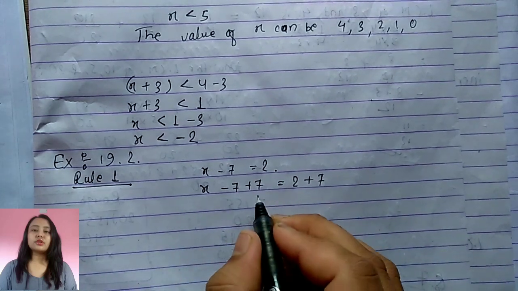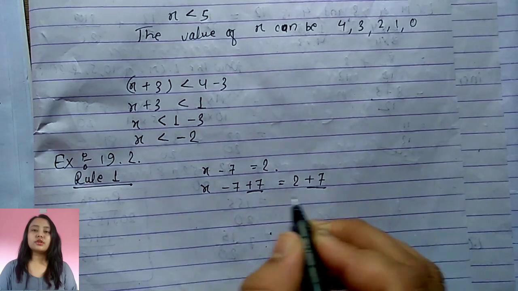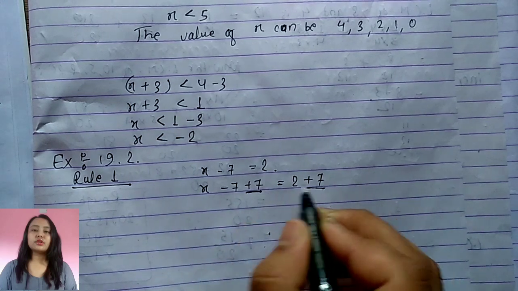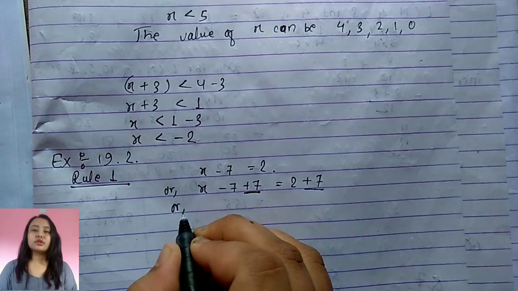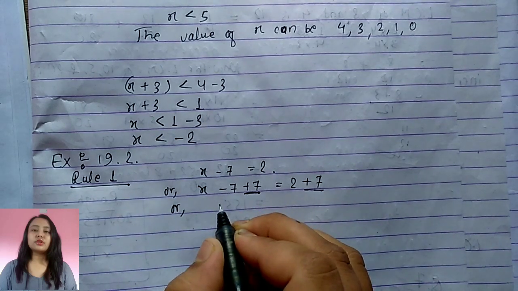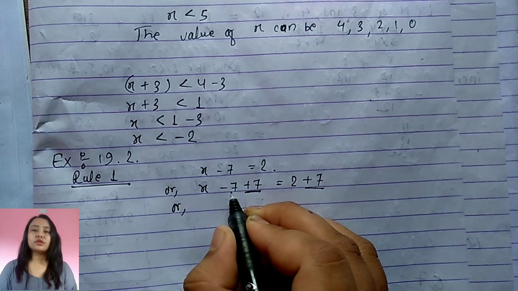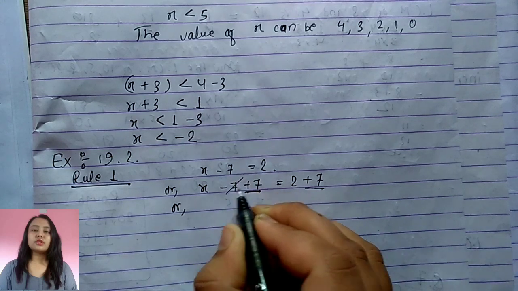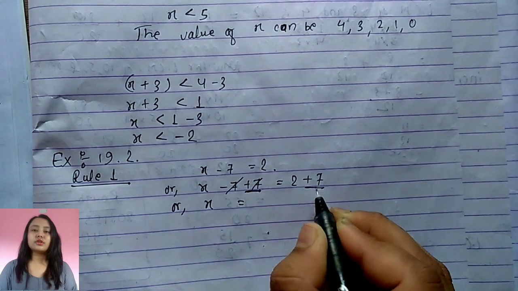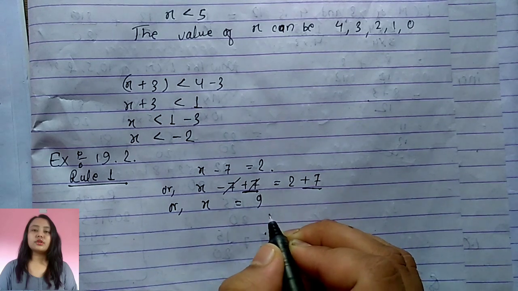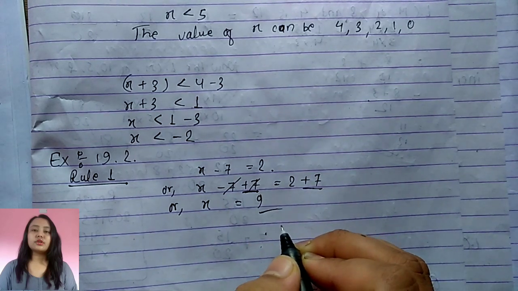The rule is you have added the same number on both sides, left hand side also, right hand side also, to find out the value of x. Now since minus 7 and plus 7 will cancel out, x is remaining here, and 2 plus 7 is equal to 9. So the value of x is 9.